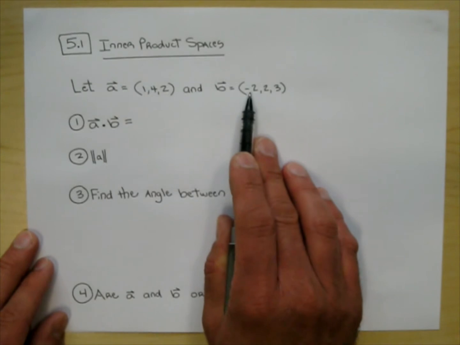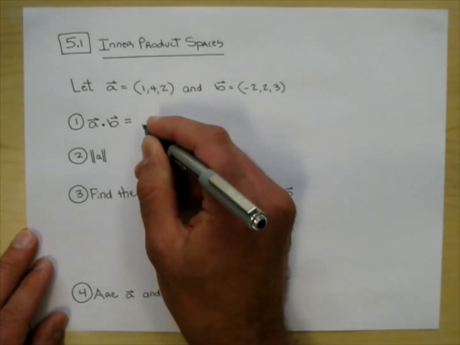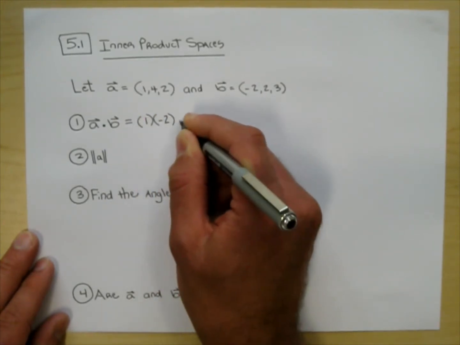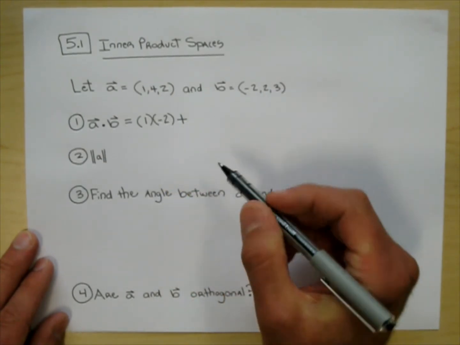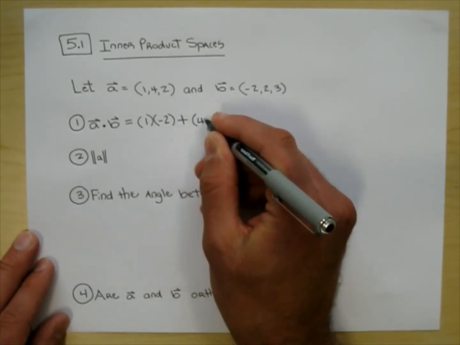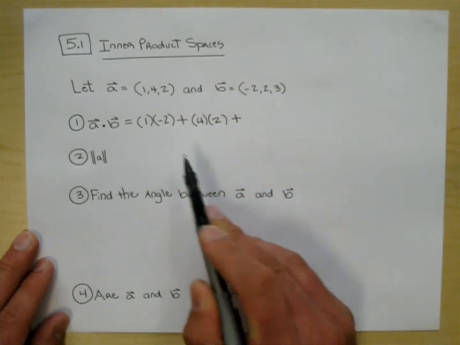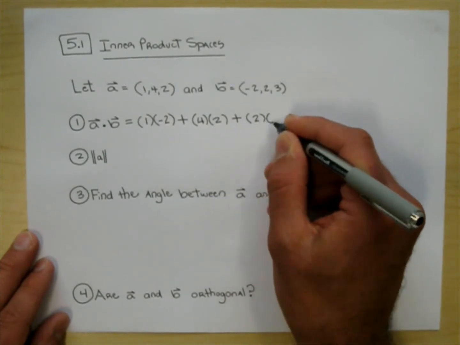You multiply the first components together. If you've never seen this, I'll write it down. So 1 times -2, and then we add, and we multiply the second components. This is 4 times 2, and then plus, and then we multiply the third components. This is 2 times 3.